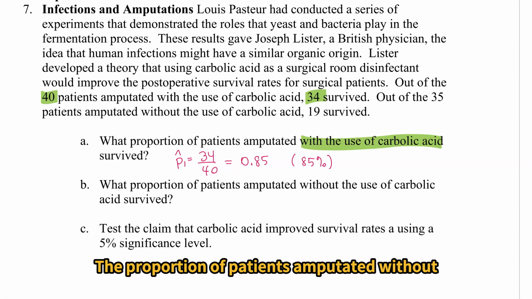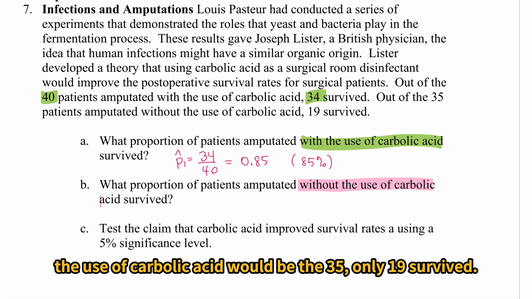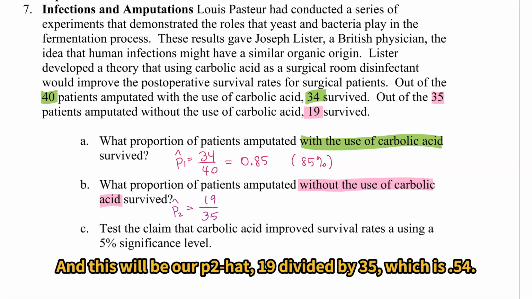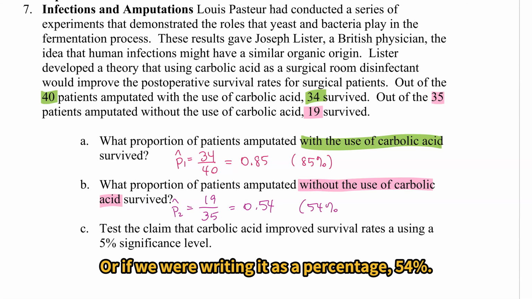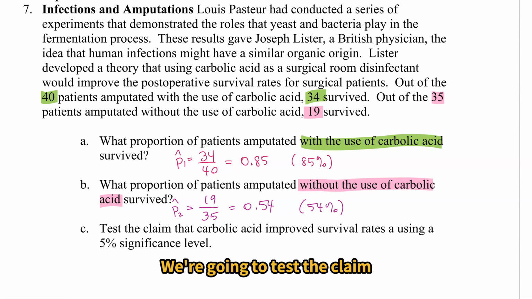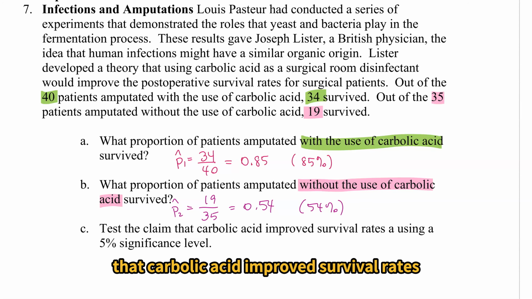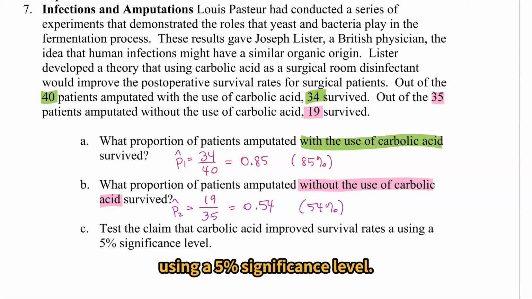And then the proportion of patients amputated without the use of carbolic acid would be 19 out of 35. This will be our P2 hat, 19 divided by 35, which is 0.54, or as a percentage, 54%.